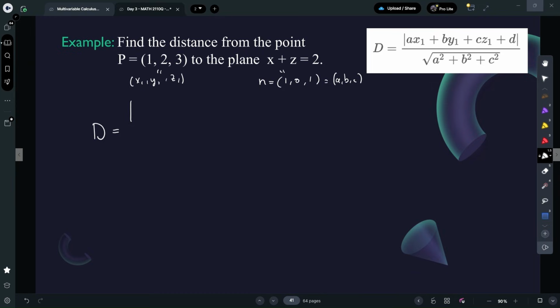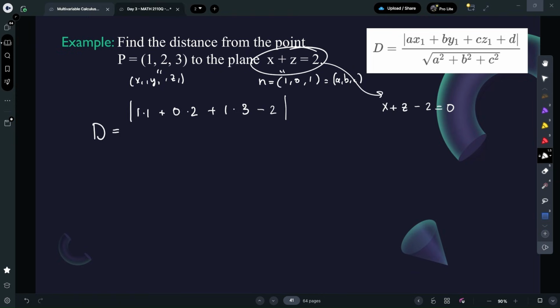So we have 1 times 1 plus 0 times 2 plus 1 times 3 plus, we have to put this equation in the form x plus z minus 2 equals 0, so the last coefficient here is not plus 2 but minus 2, in absolute value, divided by the square root of the length of the normal vector, so this is 1 squared plus 0 squared plus 1 squared.